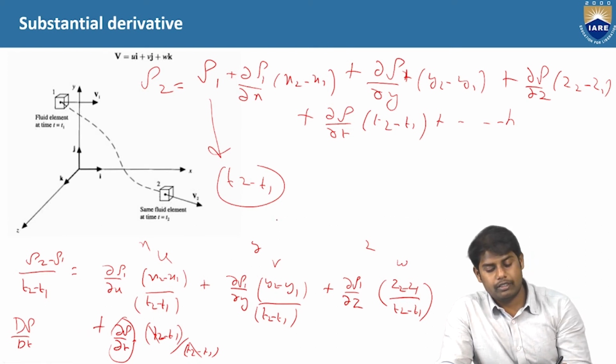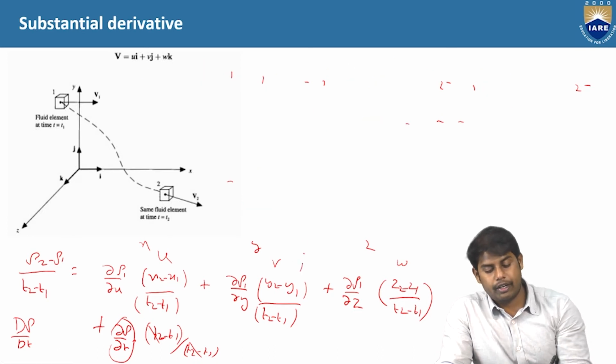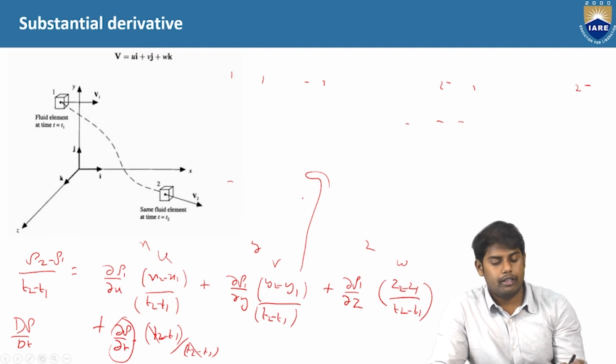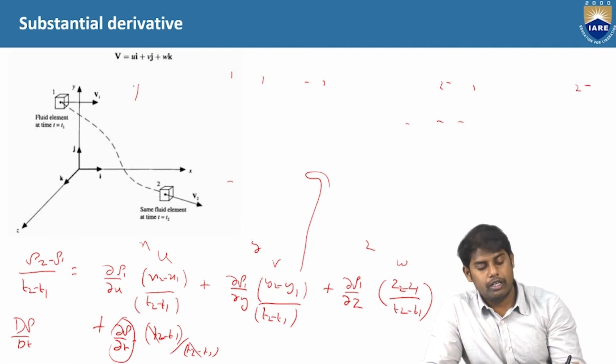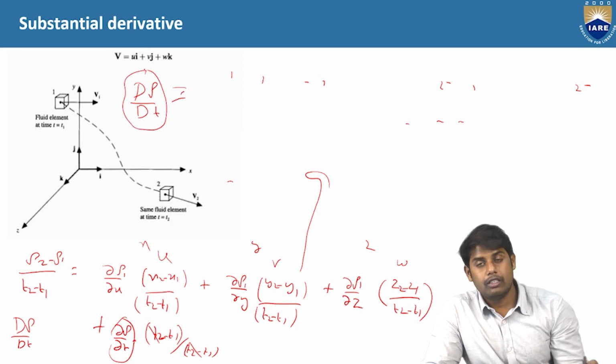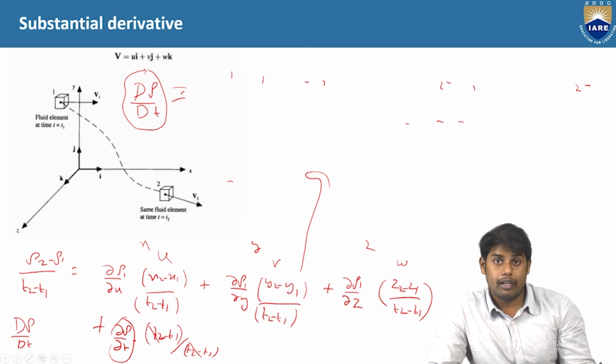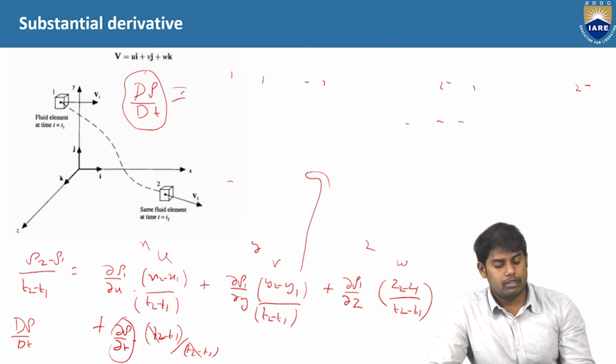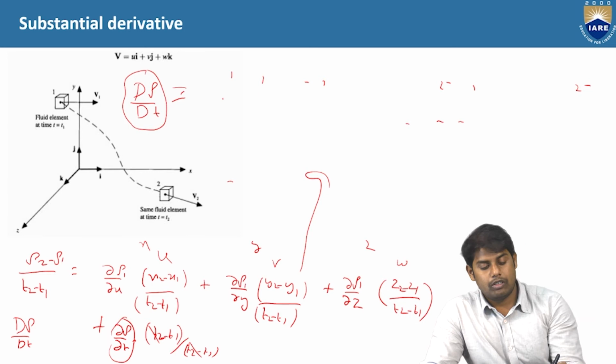So this equation we can write in this way: Dρ/Dt is equal to u into ∂ρ/∂x plus v into ∂ρ/∂y plus w into ∂ρ/∂z plus the time derivative term ∂ρ/∂t. Basically this left hand side term is called the total derivative, material derivative or substantial derivative.